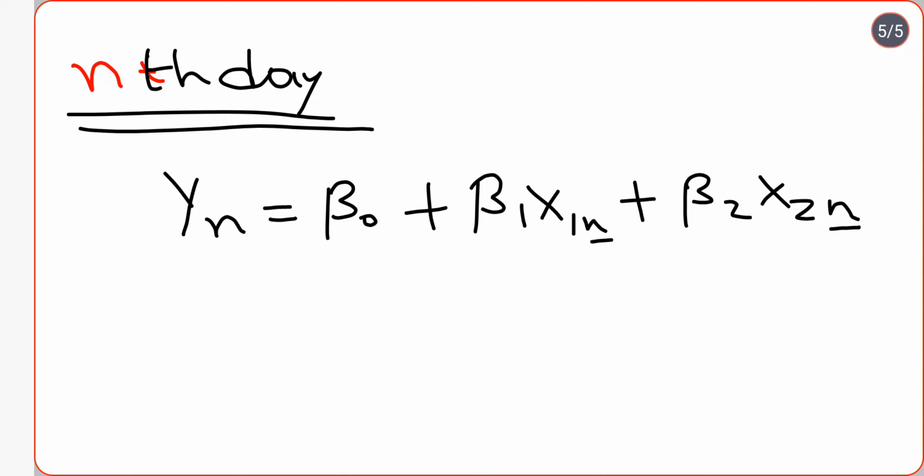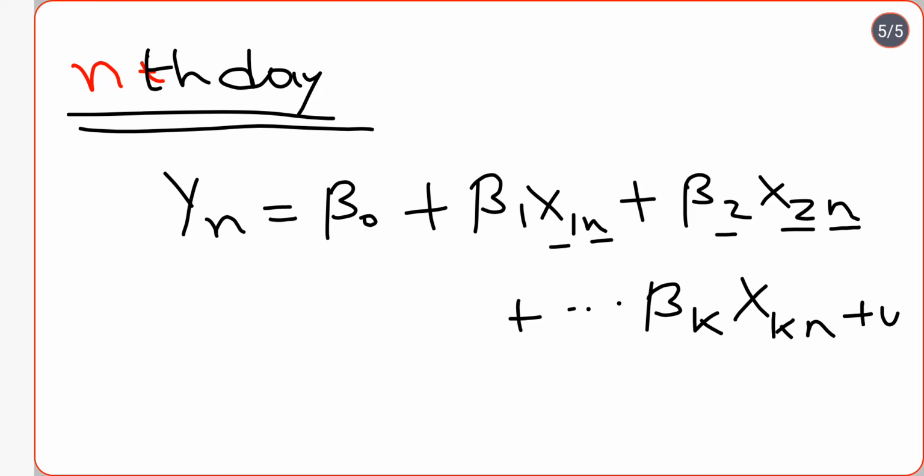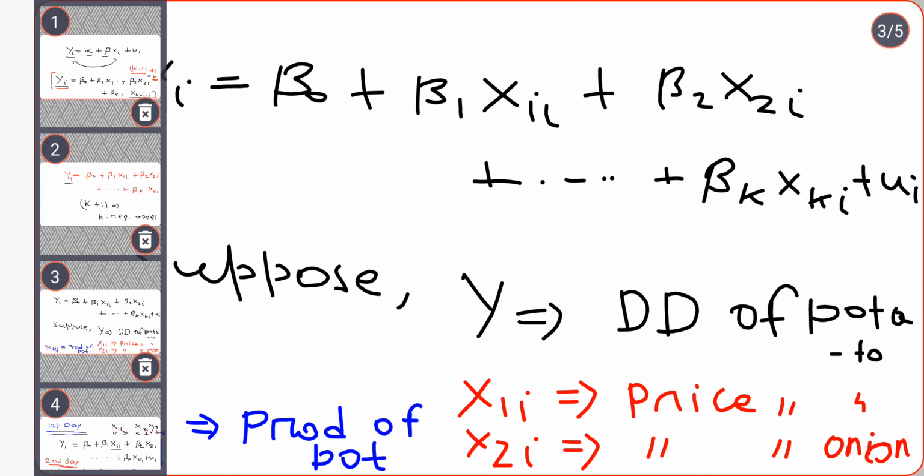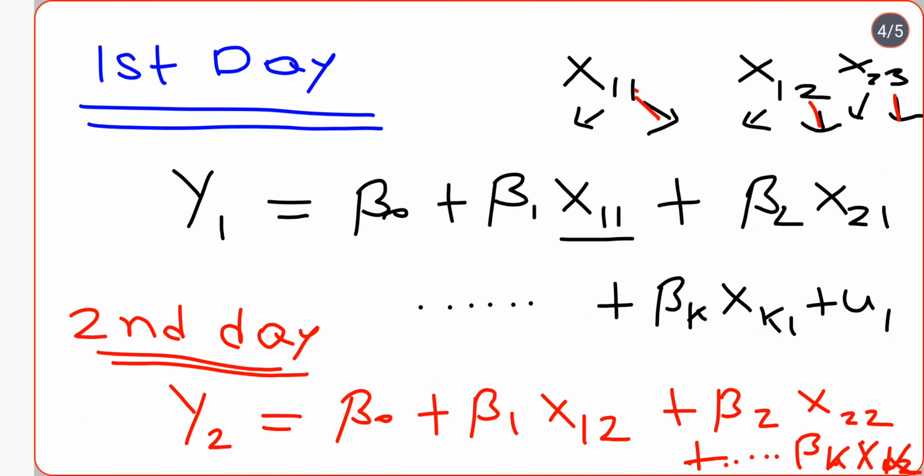At last the last observation can be written as beta k xkn, and plus the error term, that is un. It is also supposed to be the error term, okay.